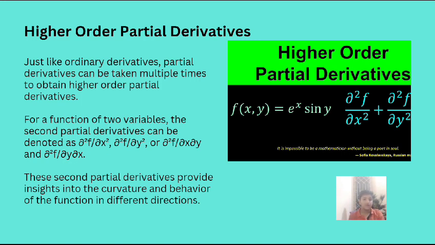For a function of two variables, the second partial derivatives can be denoted as del square f by del x square, del square f by del y square, or del square f by del x del y and del square f by del y del x. The second partial derivatives provide insights into the curvature and behavior of the function in different directions.